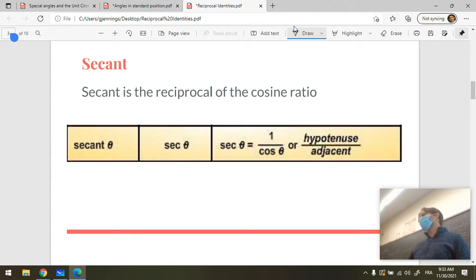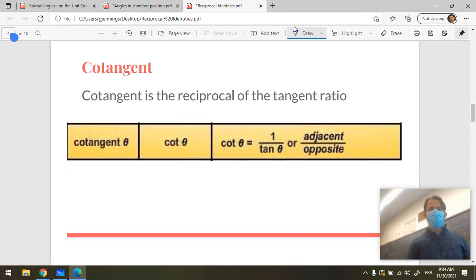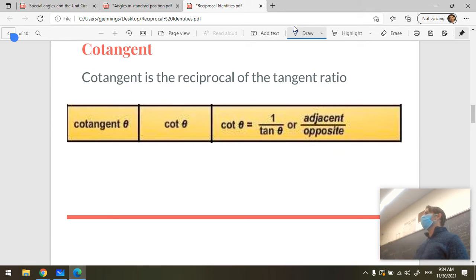There has to be one co in each pair for some reason. So that's, by definition, secant is hypotenuse over adjacent. And cotangent is just the flipped tangent. So there, if I flip tangent, tangent's usually opposite over adjacent. 1 over tan is adjacent over opposite.